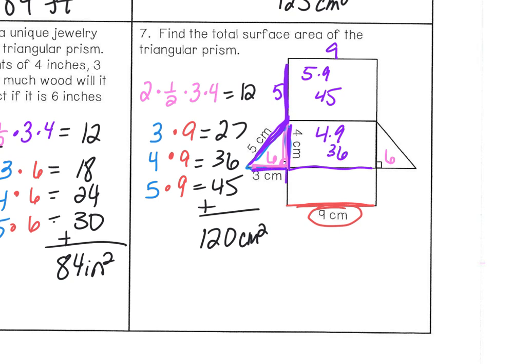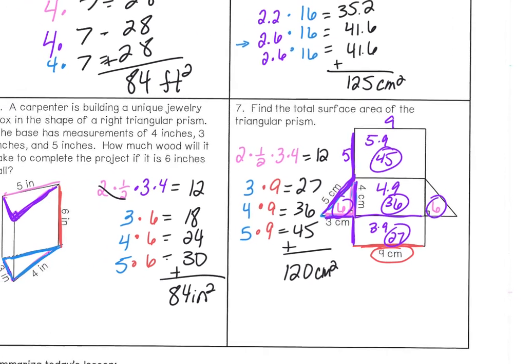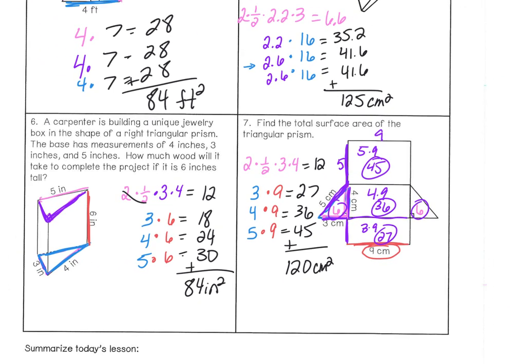And then this 3 folds down here, so it's 3 times 9, which is 27. So you've got 6, 27, 36, 45, and 6. You'd add those up and you'd get the exact same number. Okay, there you are. You've got your triangular prisms.